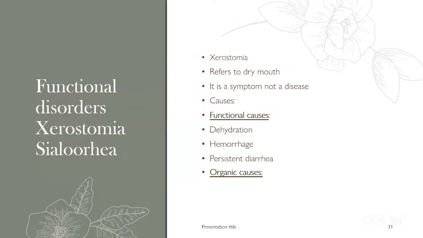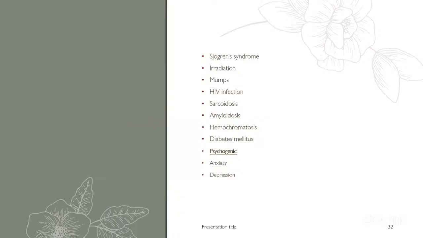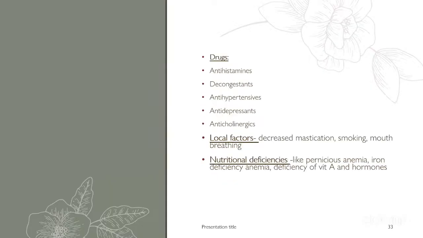There are various causes of xerostomia, like functional causes, which include dehydration, hemorrhage, diarrhea, and organic causes like Sjogren syndrome, radiation, HIV, diabetes, and psychogenic causes like anxiety, depression, etc. And drugs which include antihistamines, anticholinergics, and also local factors like smoking, mouth breathing, and nutritional deficiencies like pernicious anemia, iron deficiency anemia, etc.